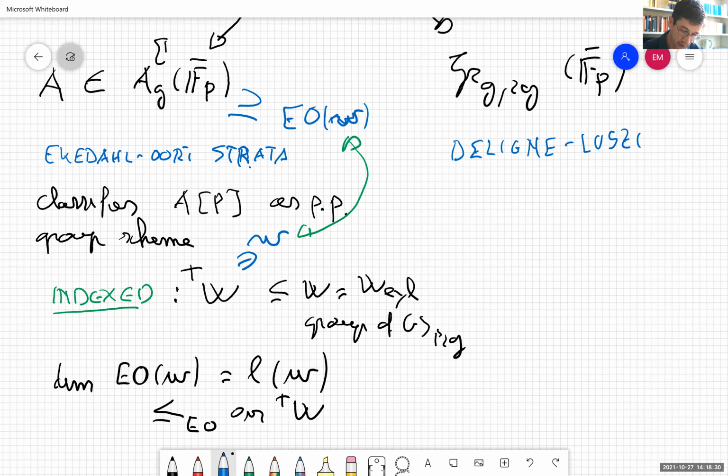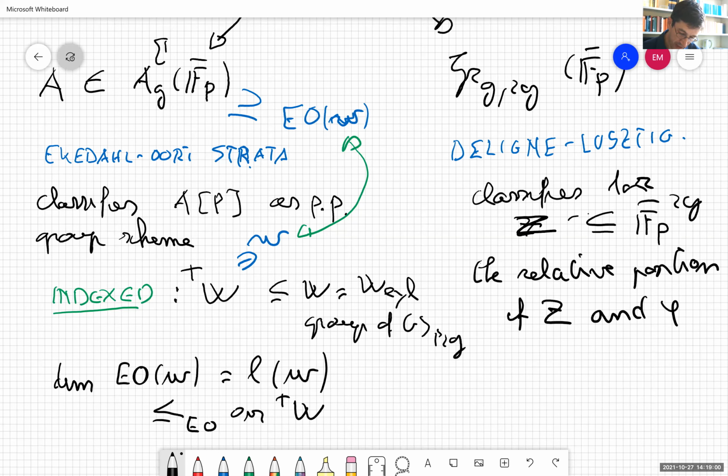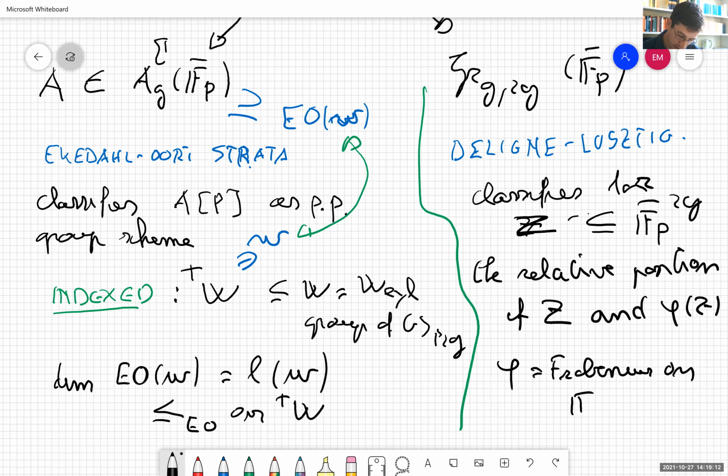And on the right-hand side, you have the Lusztig stratification that classifies, for Z a subspace of F_p bar to the 2g which is isotropic of dimension g, the relative position of Z and phi Z, where phi is the Frobenius on F_p bar to the 2g.